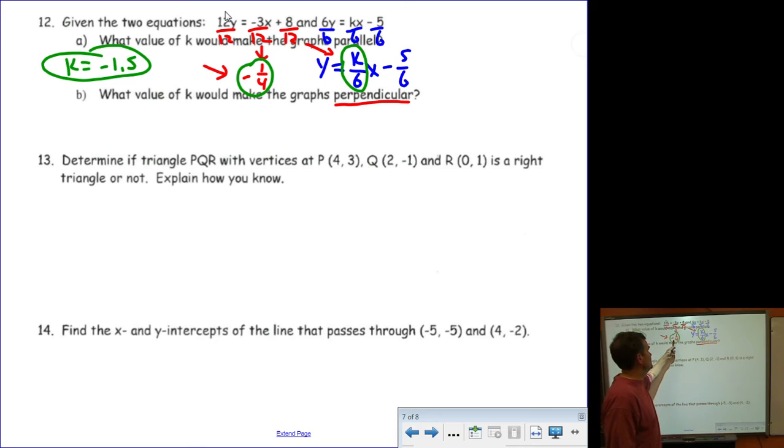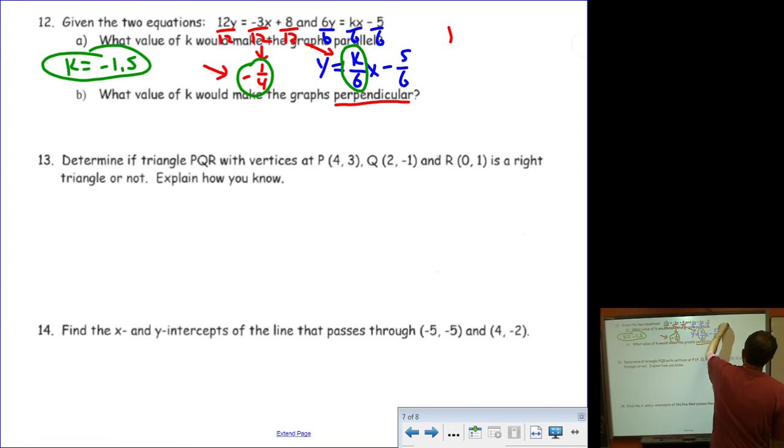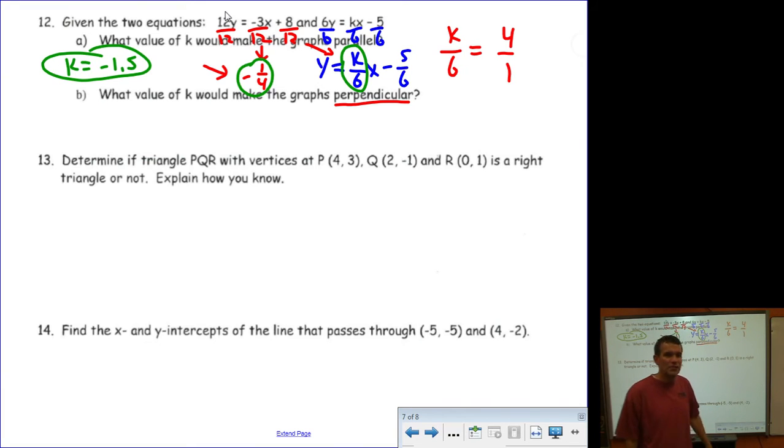Well, the slope of the first line is negative 1/4. So the slope of the second line would have to be positive 4 over 1 to be perpendicular. So now I'm really saying k over 6 would have to equal 4 over 1 if it's going to be perpendicular to the first line that has a slope of negative 1/4.